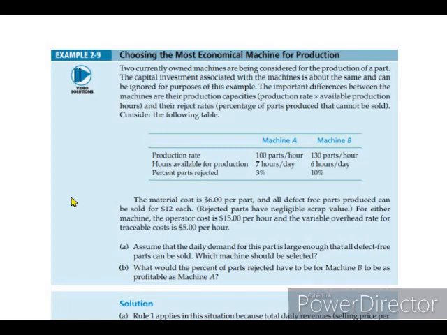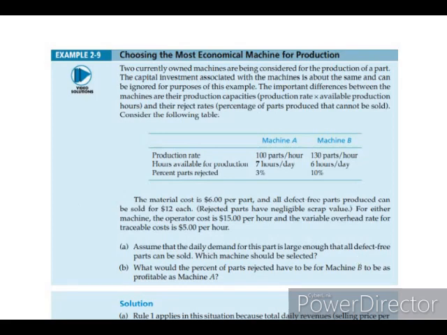The material cost is $6 per part, so it is given. All defect-free parts produced can be sold for $12 each. The rejected parts have negligible scrap value. For either machine, the operator cost is $15 per hour, and the variable overhead rate for traceable cost is $5 per hour. So it is for both machines.